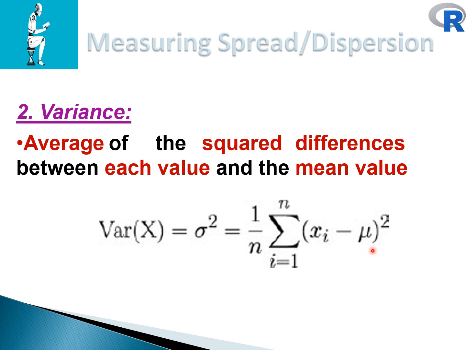So from each value the difference from the mean should be calculated, that difference should be squared, and finally it should be divided by the number of observations.